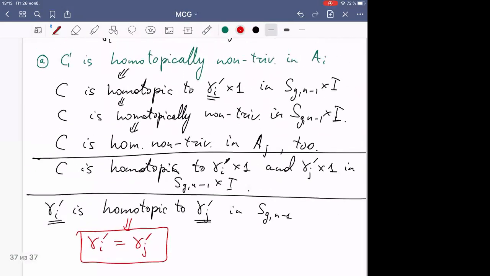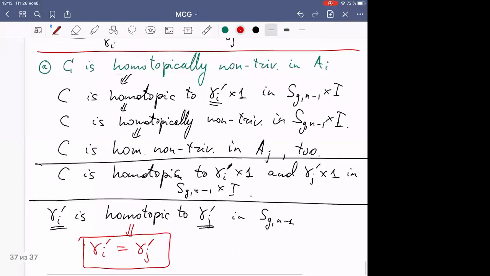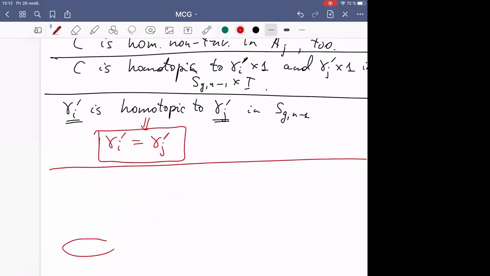So if this homotopically non-trivial situation occurs, this may only be in the case, which we have already discussed, that two curves like that go to the same curve, gamma I prime equals gamma J prime above.